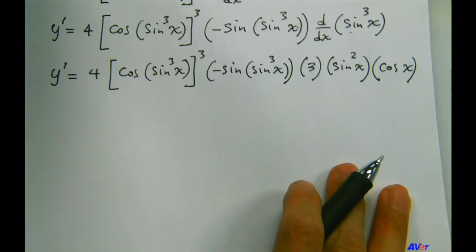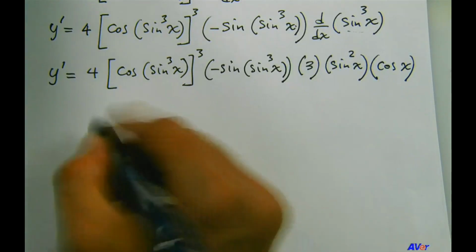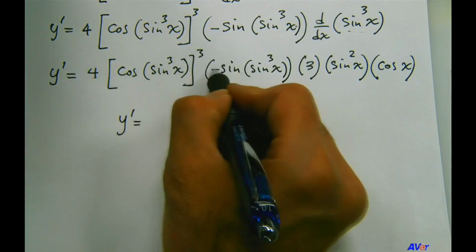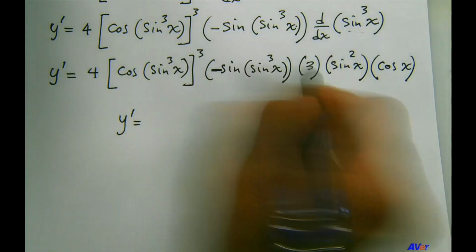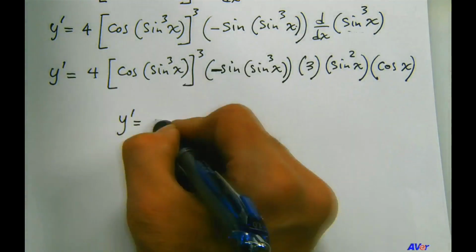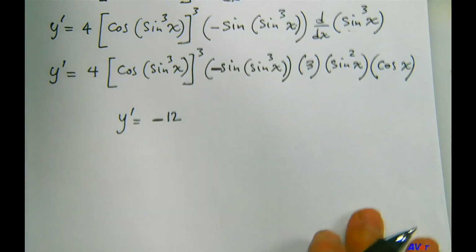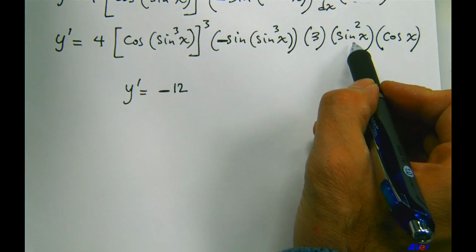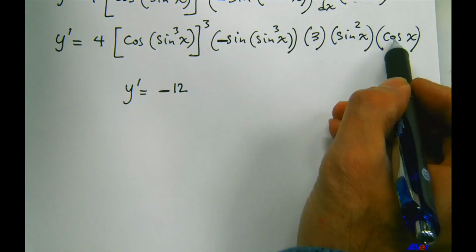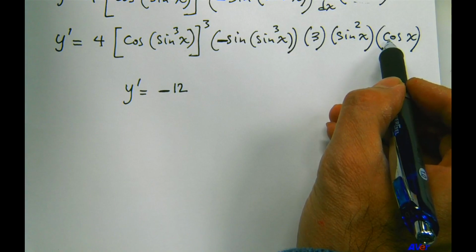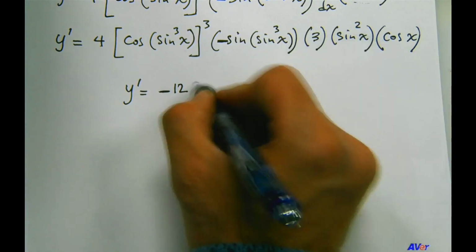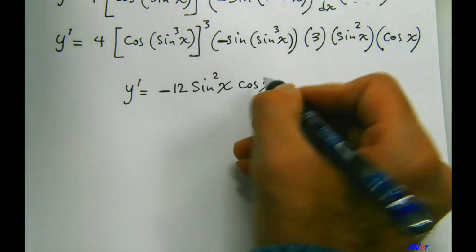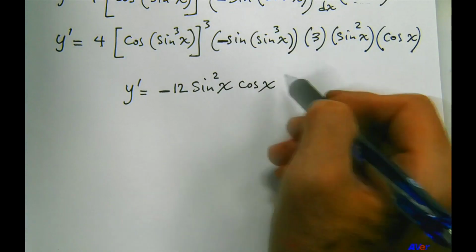Okay, so now we can simplify this expression and make it more compact. So we have the 4, we have this minus, and we have the 3 here. Minus 3 times 4, we have minus 12. Then we have sine squared x cosine of x. Let's bring that in front. So sine squared x cosine of x. Notice I'm removing the parentheses. It's okay.